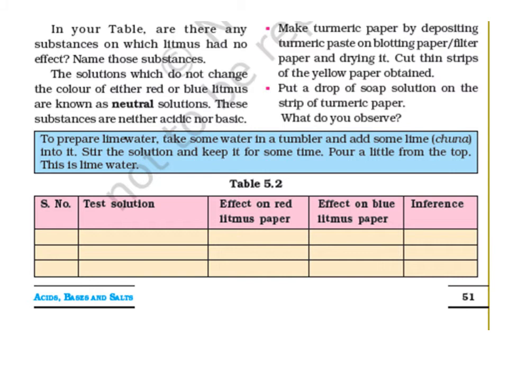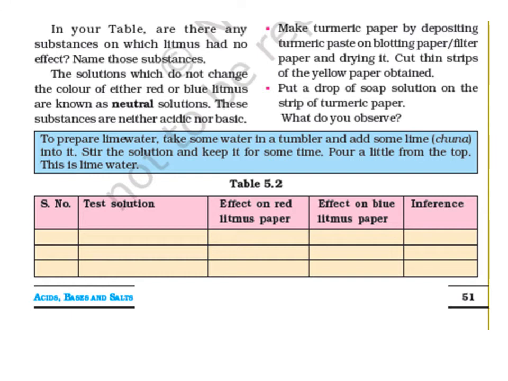At first take one strip of that turmeric paper, then add lemon juice on it. What will you observe? There will be no change in color. If there is no change in color, we can conclude that it is acidic in nature. Turmeric doesn't show any reaction with an acidic substance.